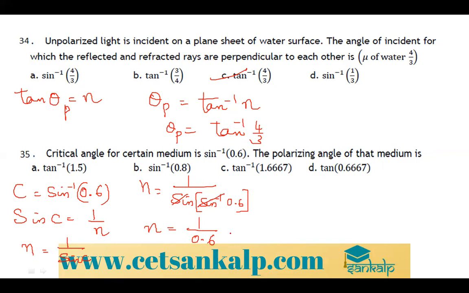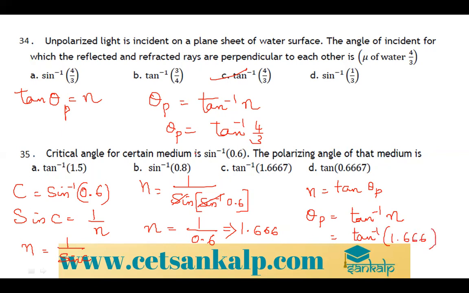When you do that division you will get 1.666 recurring. Okay, now according to Brewster's law n is equal to tan theta p. What we need now is theta p is equal to tan inverse of n. So tan inverse of n means tan inverse of 1.666. So option C is the right answer.